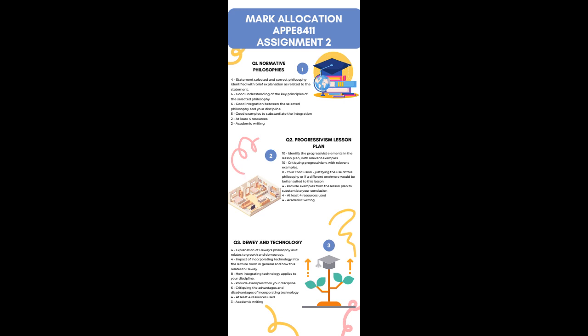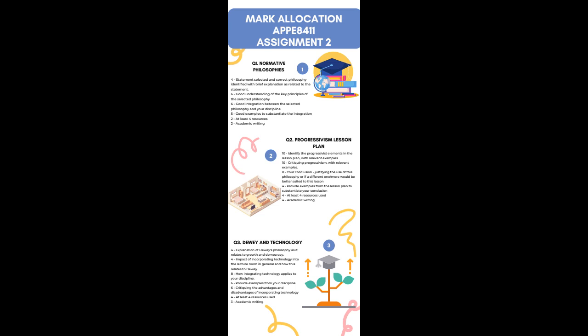Then moving away from the lesson plan, you're just going to critique progressivism for 10 marks. Actually, no, sorry, I'm confusing you. I'm lying to you. You're not moving away from the lesson plan just yet. You're still using the lesson plan. You're going to critique progressivism.